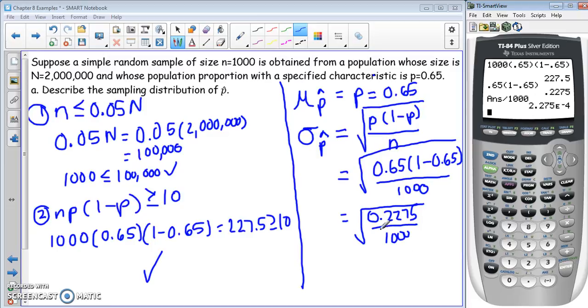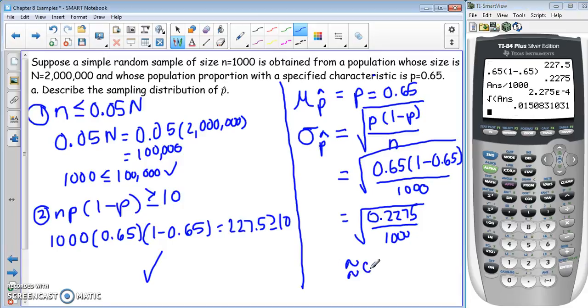Again, we have scientific notation, so we're going to leave it in this form to use in normal CDF. That's approximately equal to, using second x squared for the square root symbol, and then second negative to insert the previous answer, and then enter. So this is approximately 0.015083.